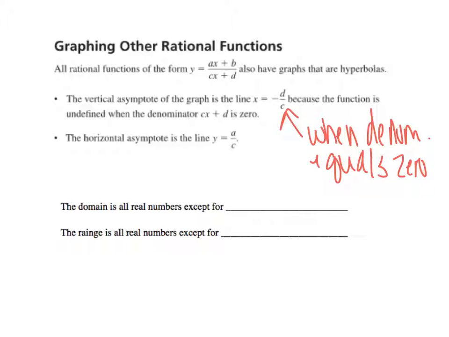Okay, and the horizontal asymptote is the line y equals a over c. And a over c is just the coefficients of the x's in your original problem. And your domain and range are going to be the same idea.